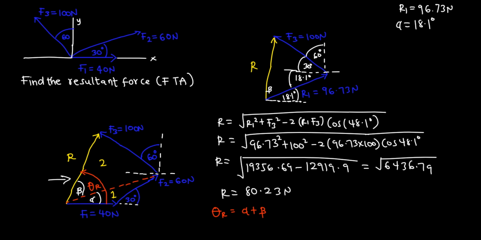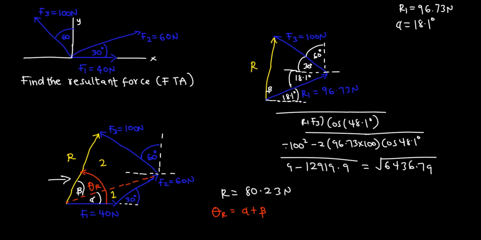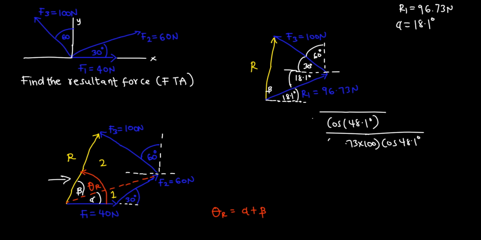Okay, all you have to do now is to find beta. So let's look at how you are going to find the angle beta. We can apply the sine rule here to do that. So we know the resultant force, and we know the angle opposite to it, and we know the force opposite to angle beta.